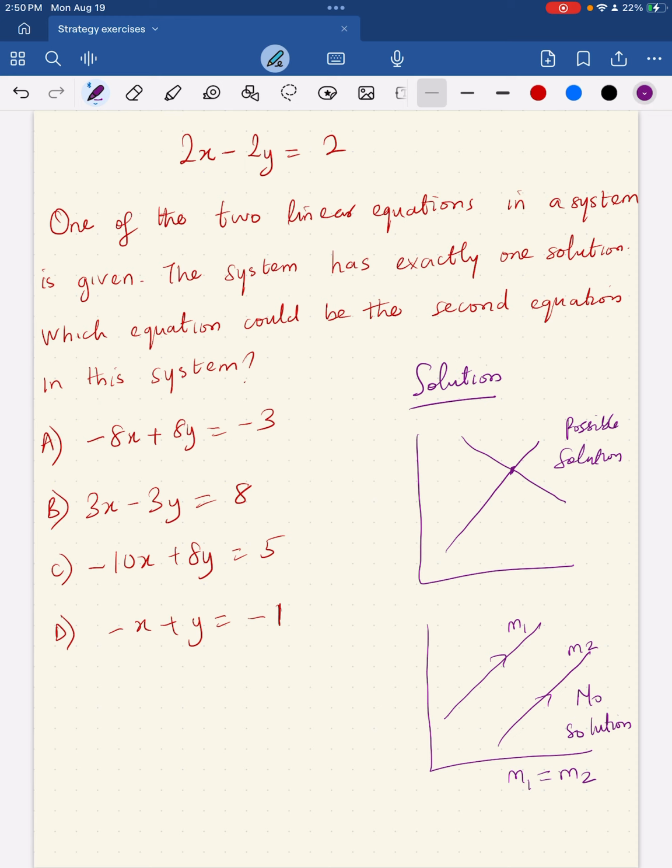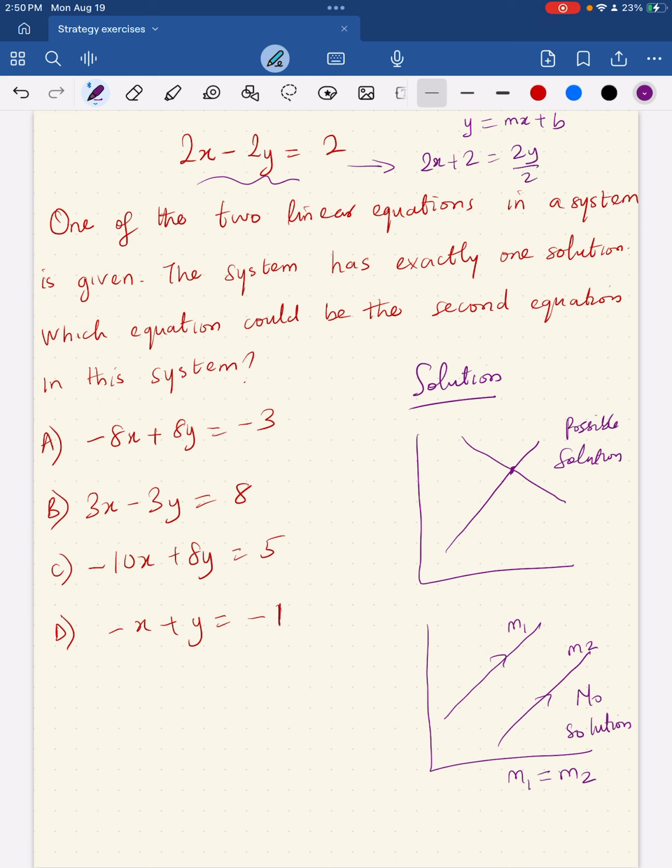So let's do that. To find the slope of this one, we have to first convert it to the standard form of a linear equation, which is y equals mx plus b. So here we'll make y the subject of the equation. So here now we have 2x minus 2 equals 2y.